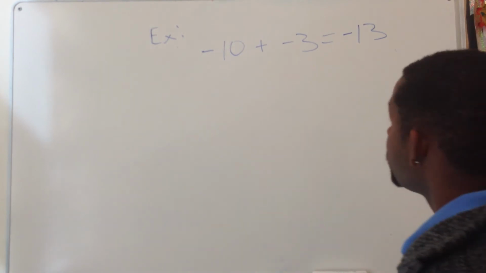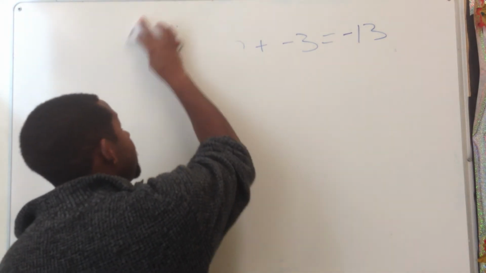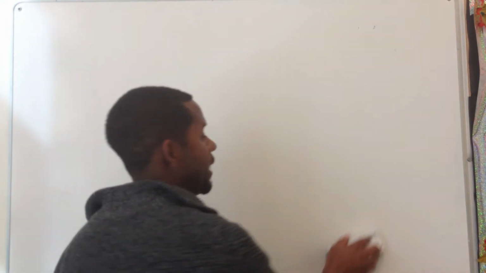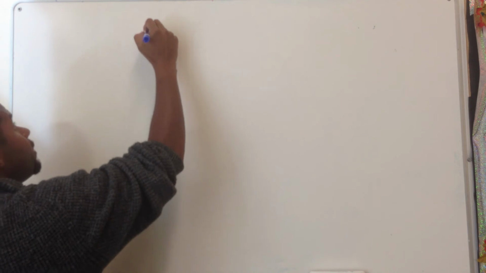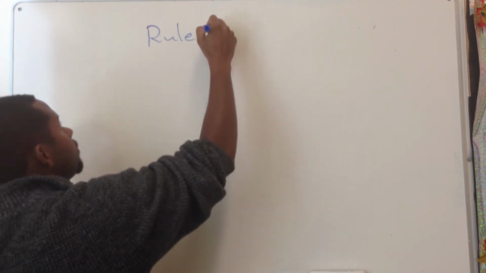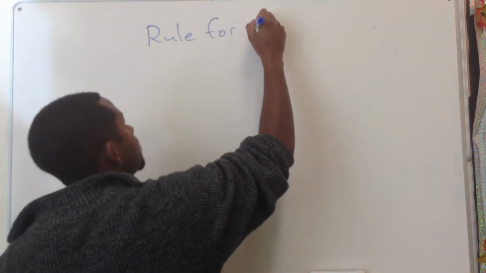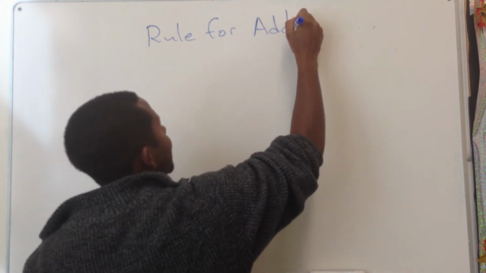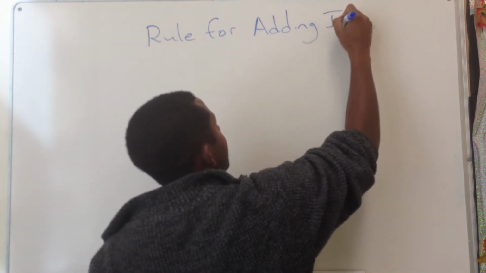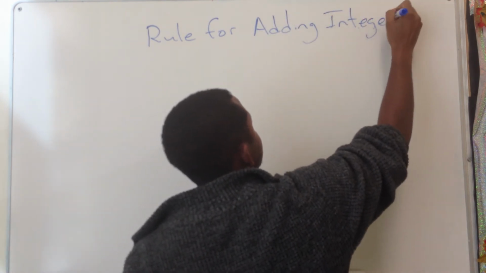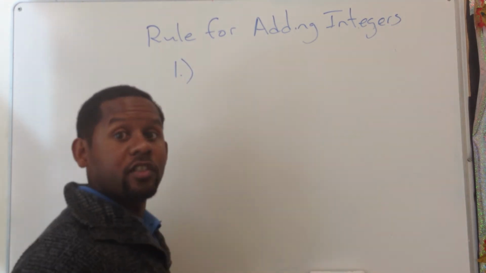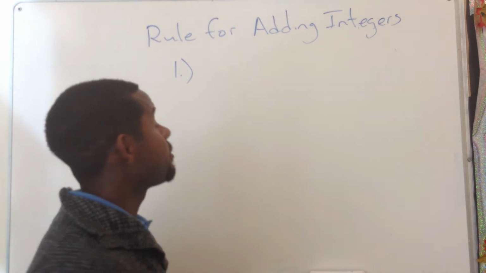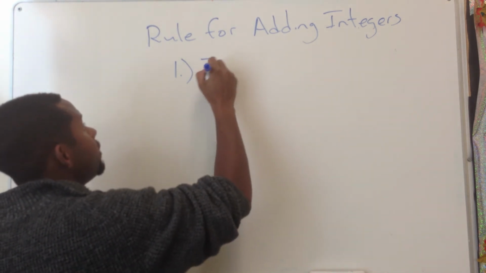So now I'm going to show you the other way to do it. Now there is a rule to adding integers, excuse me. Okay? Say you don't like to think like money. Some of you just like rules. There is a rule. Okay? The rule for adding integers says, so you can do this if you just like to remember a rule: 1.